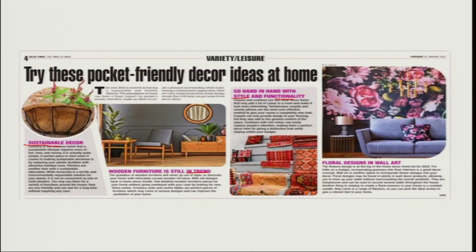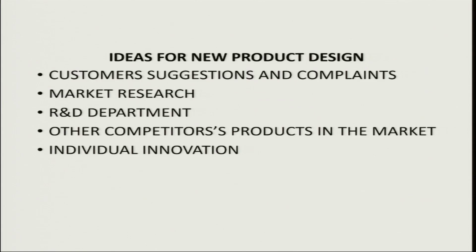You are developing certain handicrafts which are stylish as well as fulfilling some functional requirements, or it can be for some decoration purpose, some floral designs, etc. So, we find that in product design we should keep in mind the appearance as well as the functionality.